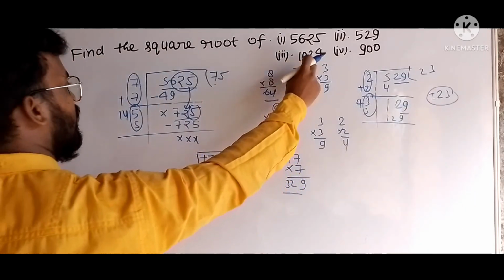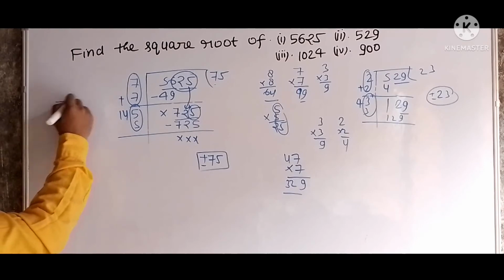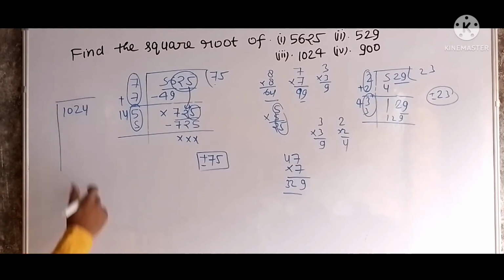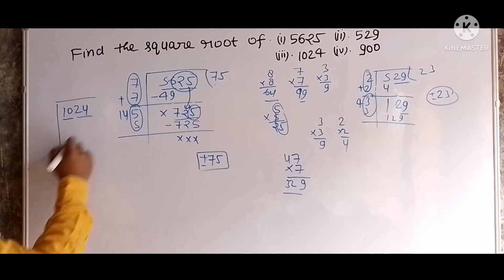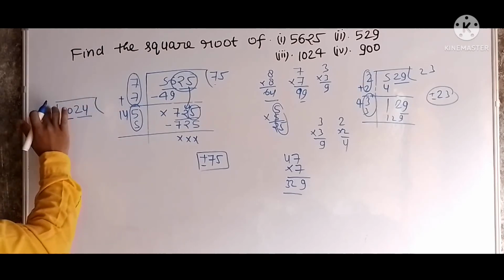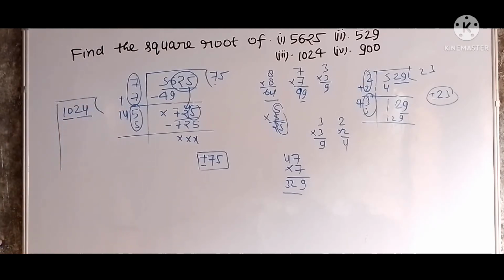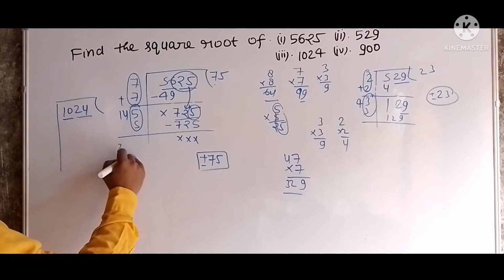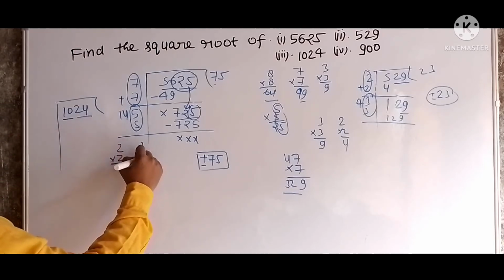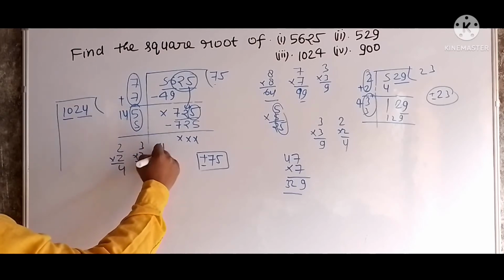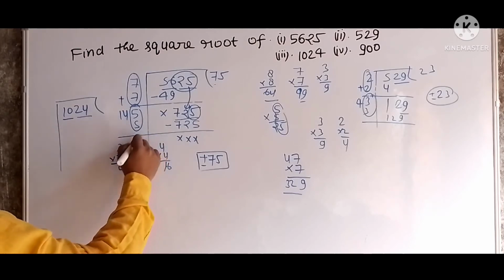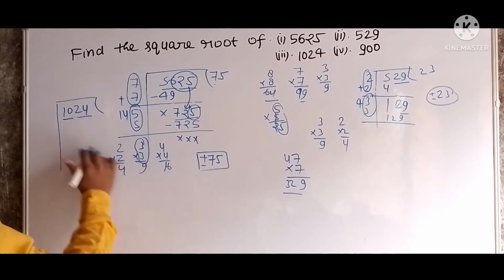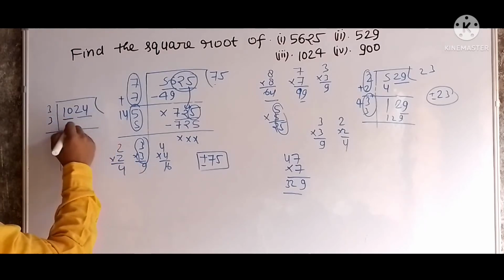Now for 1024, write 1024 and pair up the digits from the end. Then take a number and multiply it by itself so that we get a number equal to or less than 10. If we take 2, 2 times 2 is 4; if we take 3, 3 times 3 is 9; if we take 4, 4 times 4 is 16. So the desired number here will be 3, so take 3 into 3, here you get 9.